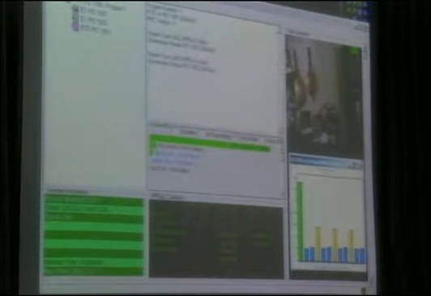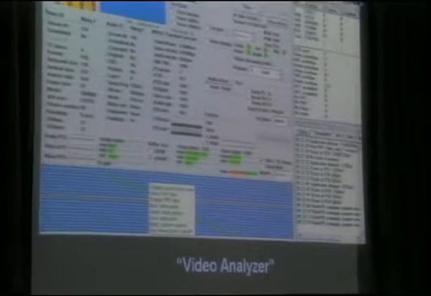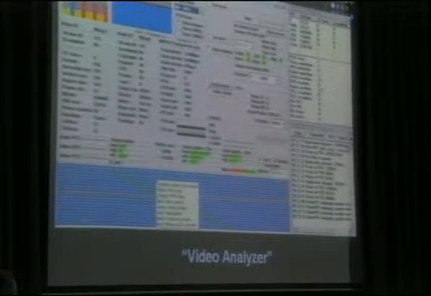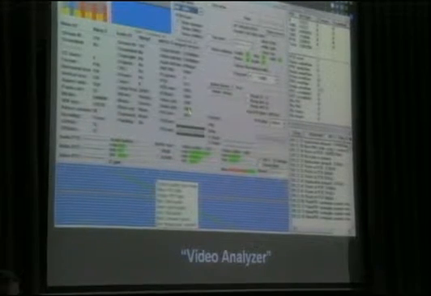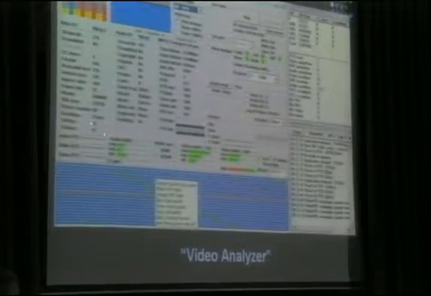And I use both software at the same time. This is the most powerful software. It gives a lot of information, very, very important for professionals. You have all information about PCR jitter.